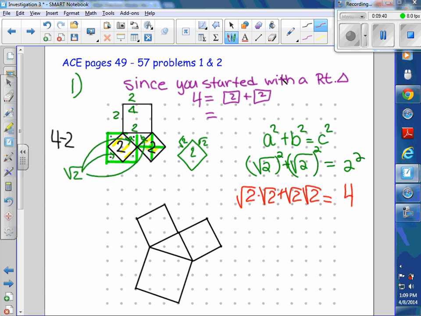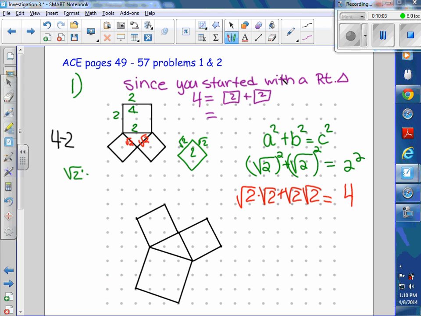No, because I'm going to erase this up again. We now know some values here, right? We know that this length right here is the square root of 2. That's different than 2. And this is the square root of 2. You're taking the square root of 2, squared.